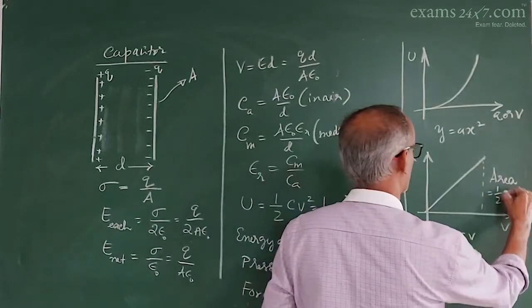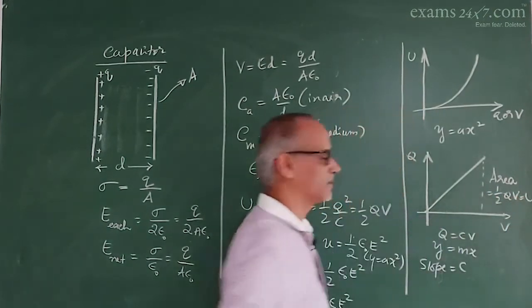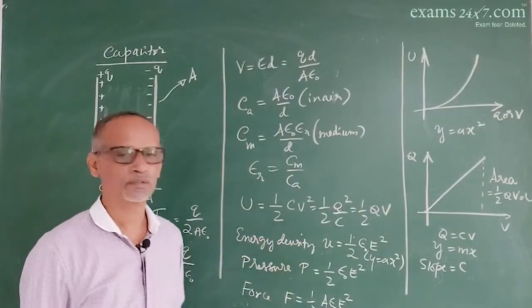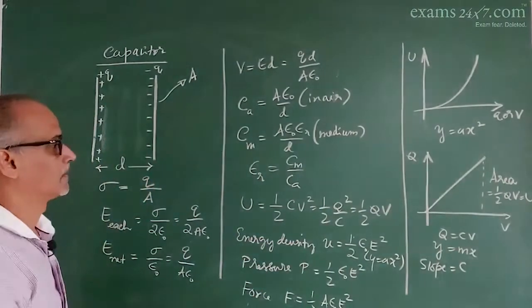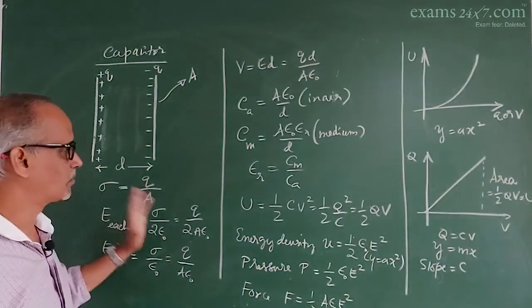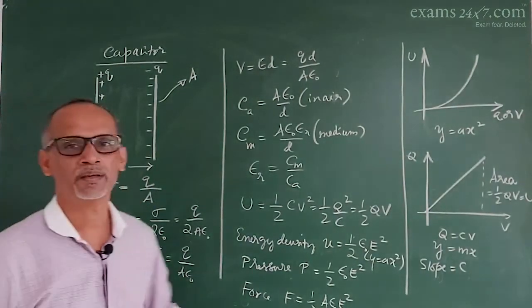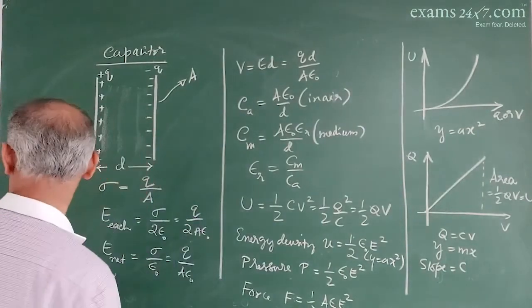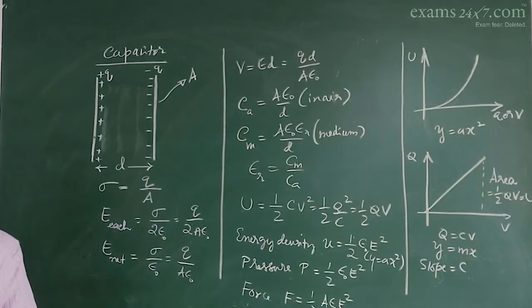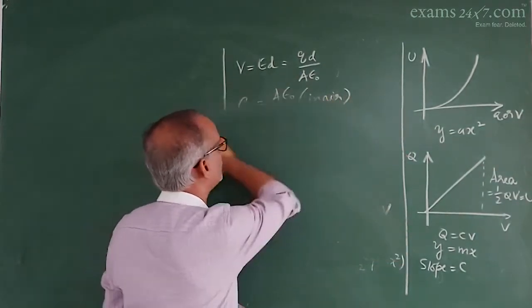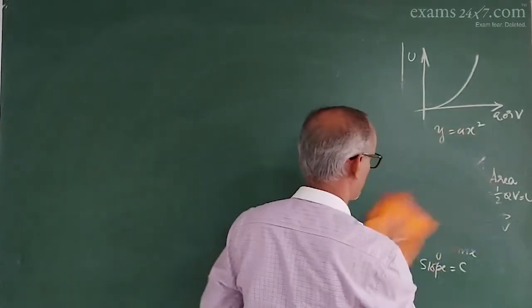So the area is half QV, and that gives the energy stored in the capacitor. These equations are very important, using which any quantity related to a parallel plate capacitor can be very easily calculated.